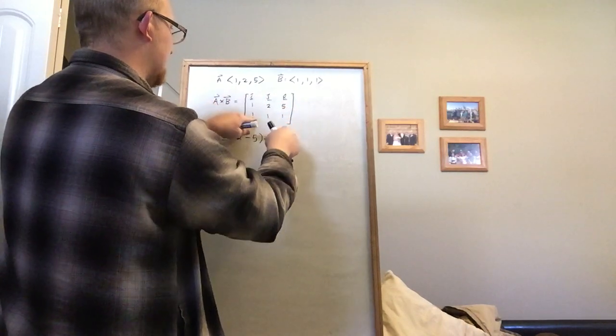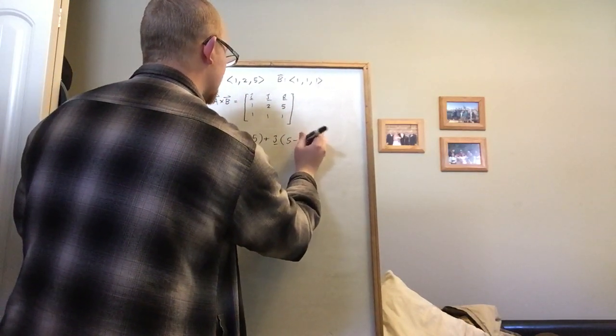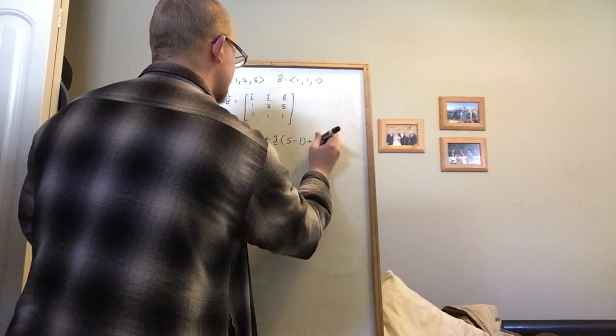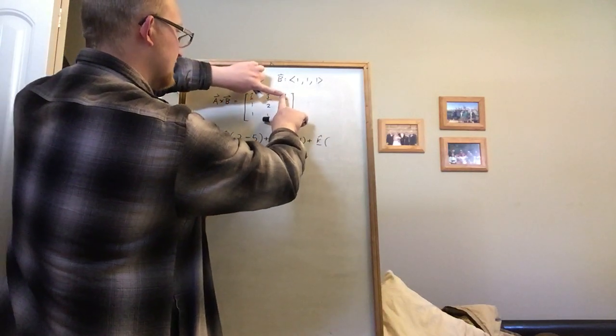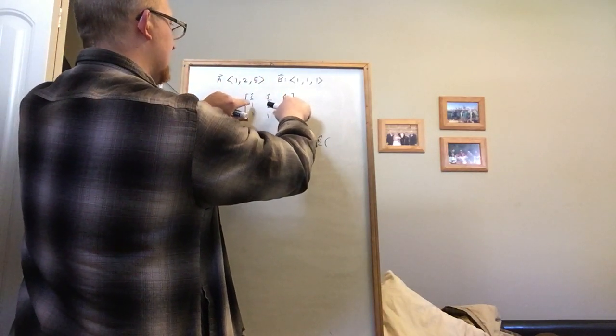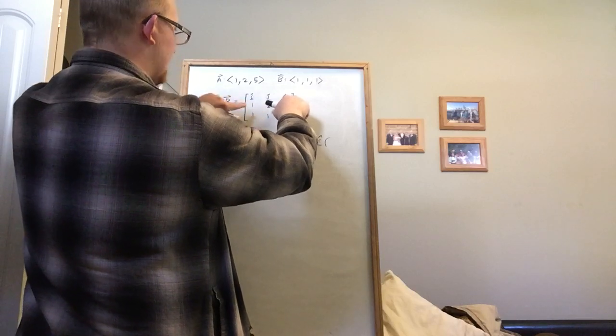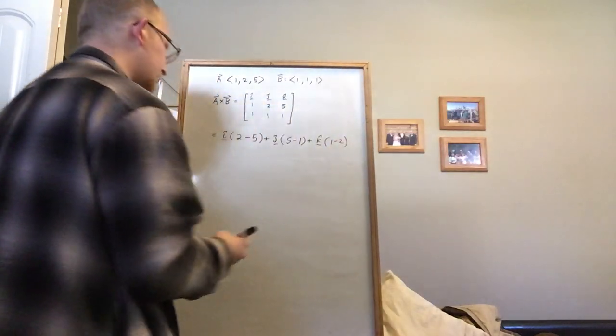So J is 5 times 1 minus 1 times 1. Plus, in the K direction, we cross out our columns and our rows, and K is from the left to the right and up to down. K is 1 times 1 minus 1 times 2. So that's 1 minus 2.